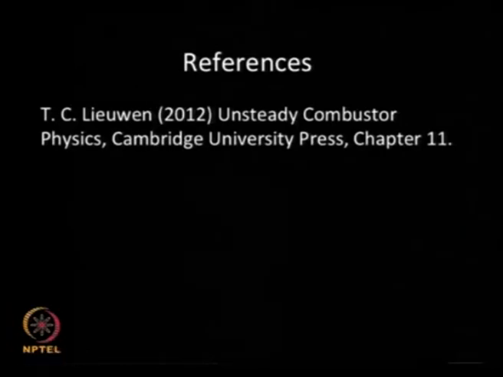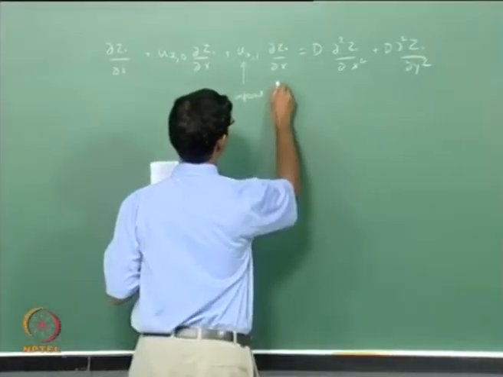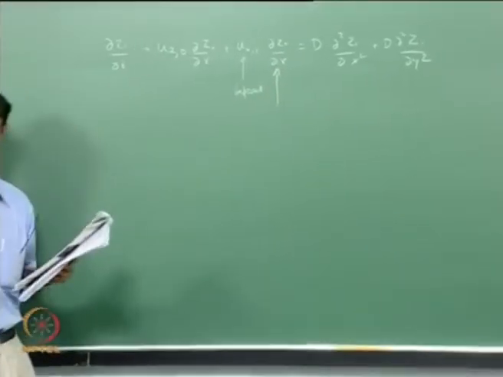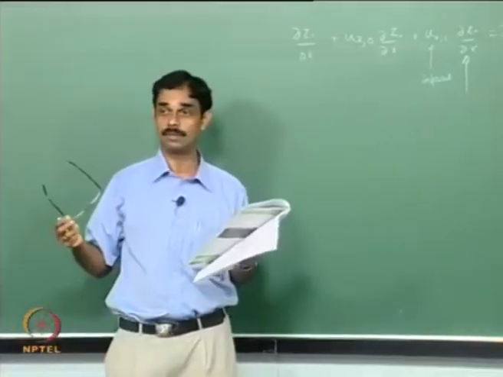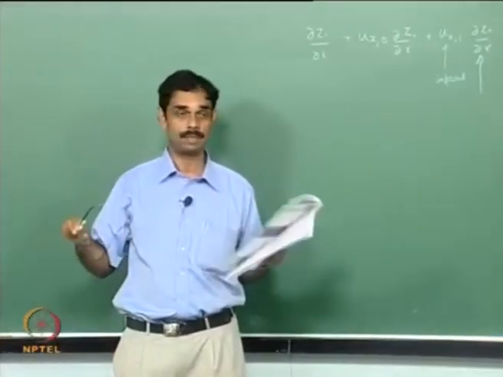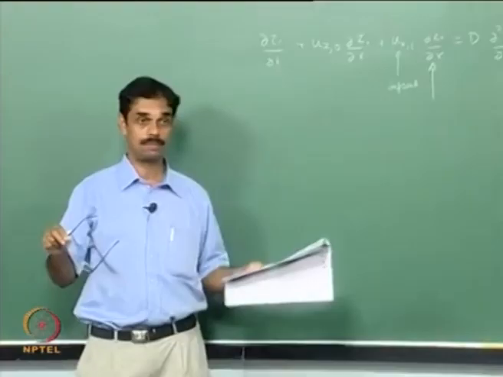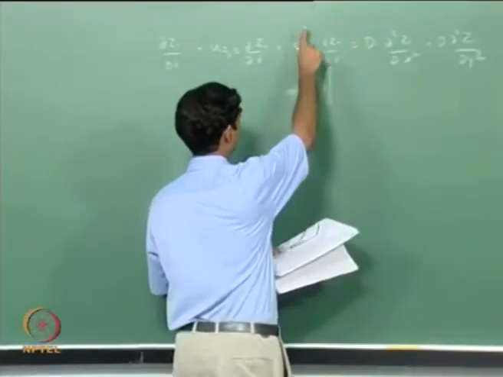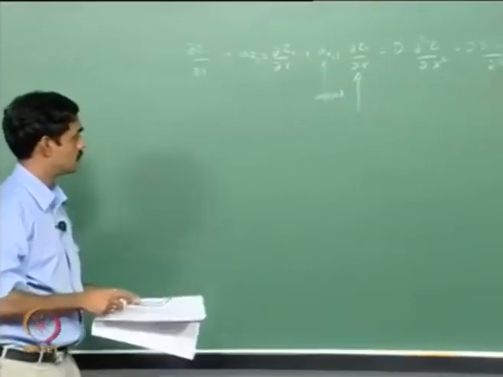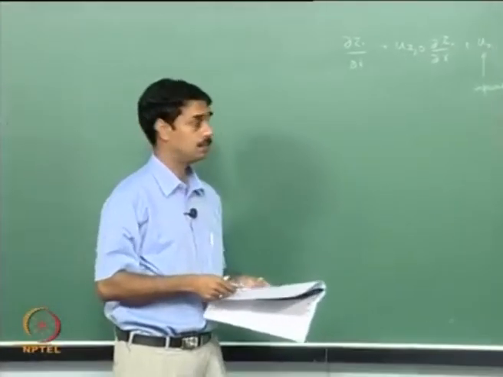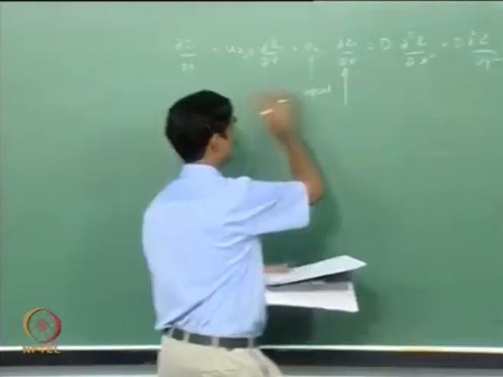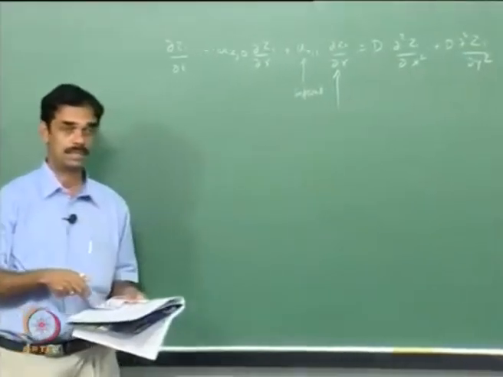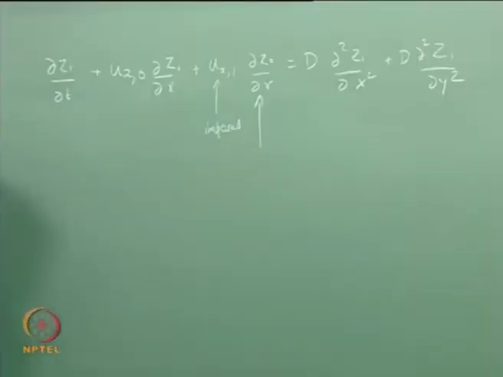This term we know because we have now derived a solution for Z0, so we can find an expression for dz0 by dx. So this part is kind of known, and you can bring these terms to this side and think of that as a forcing.